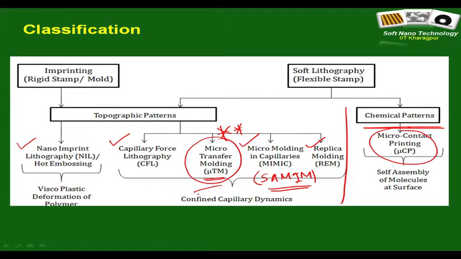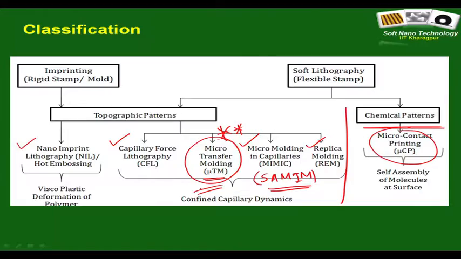So, these are primarily 2D structures, but with the advent of micro transfer molding, people have tried to use soft lithographic methods or nano patterning methods in a limited way for creating 3D structures. So, we will see that.